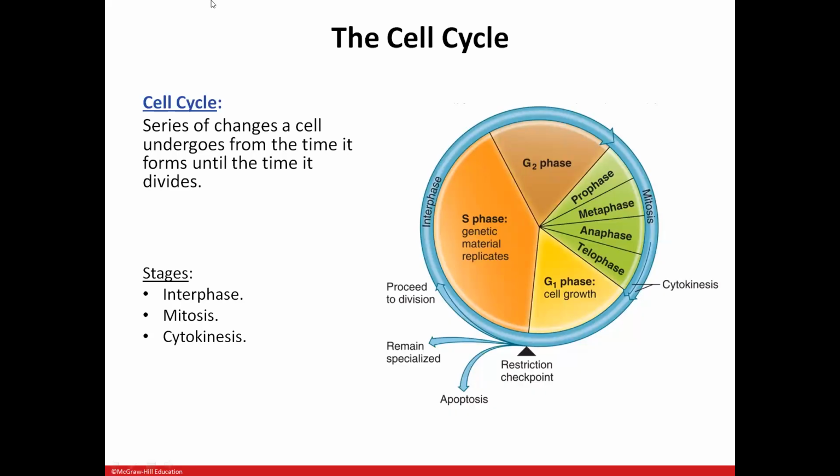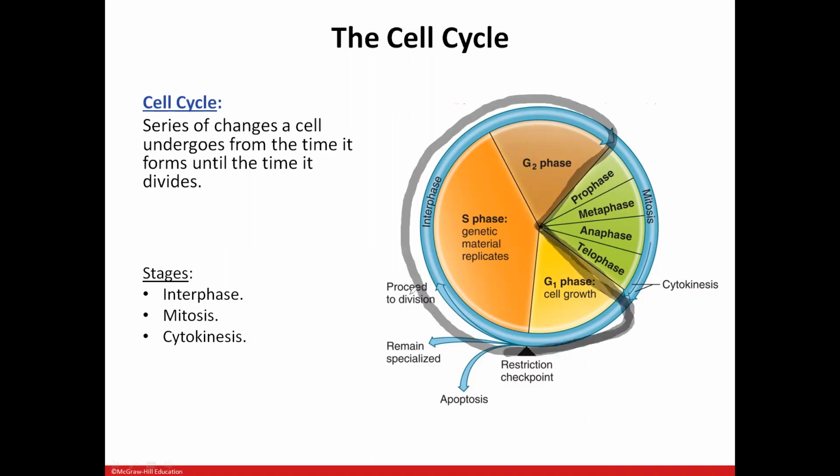The first stage is called interphase. And so interphase is actually this entire component. The majority of time that is spent in the cell cycle is actually in interphase. We don't give interphase enough credit, so I'm going to do it for you guys. Interphase is where the cell is actually growing. It's going to reproduce its genetic material and make a copy of it.